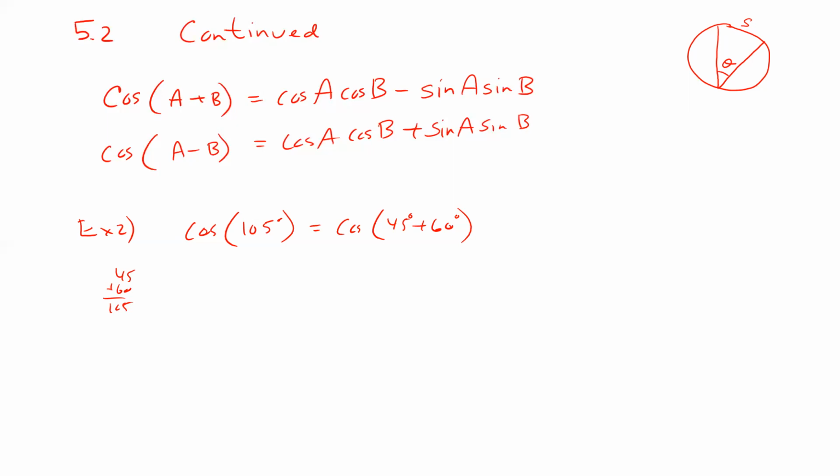I'm going to start as well. The formula that I see up there is the sum formula, the top one here. So cosine of 45 degrees times cosine of 60 degrees minus sine of 45 degrees times sine of 60 degrees.